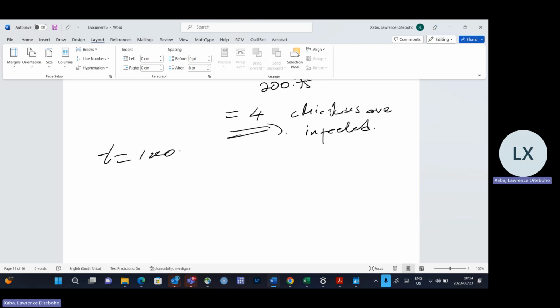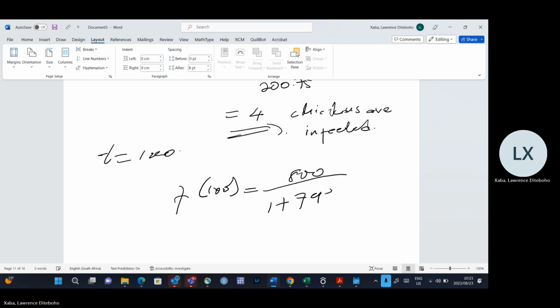In the case whereby now T is 100, we do the same: F of 100 equals 800 over 1 plus 799 e to the power negative 0.1 times 100.